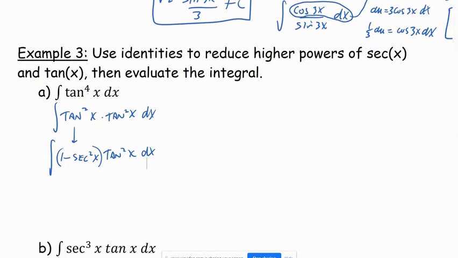So now if we distribute, we have tangent squared x minus tangent squared x secant squared x dx.